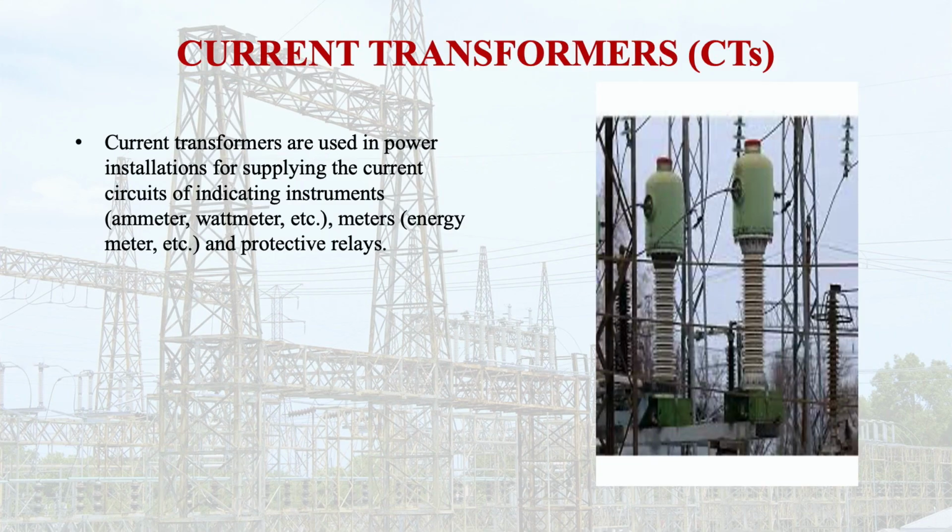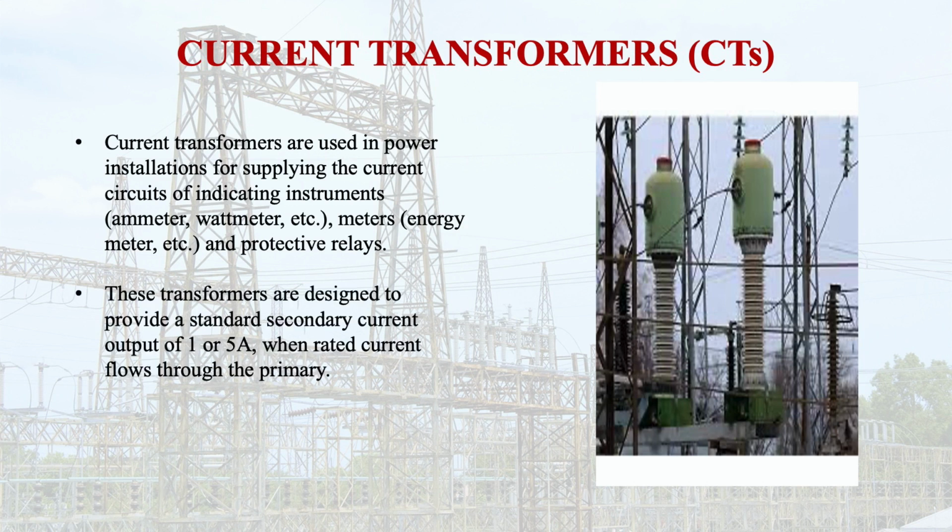Current transformers are used in power installations for supplying the current circuits of indicating instruments, like ammeters, wattmeters, energy meters, etc., and the protective relays. These transformers are designed to provide a standard secondary current output of 1 or 5 ampere when rated current flows through the primary side.